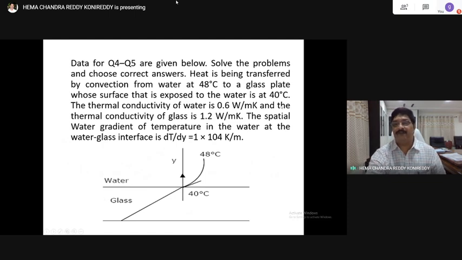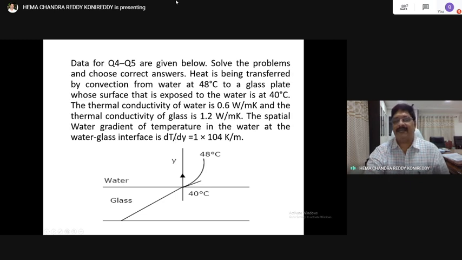The thermal conductivity of water is given, thermal conductivity of glass is given. The spatial gradient of temperature in the water at the water glass interface is dT by dy at y is equal to 0. That is, the water temperature change with respect to y is 1 into 10 power 4. Somewhere at the bottom he has given 10 power 4.